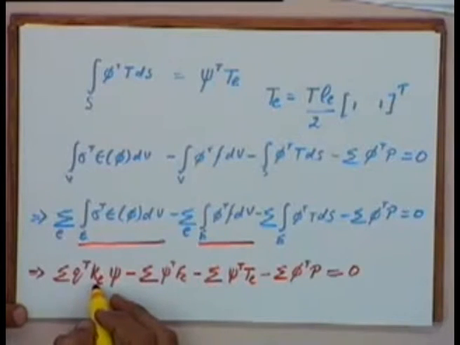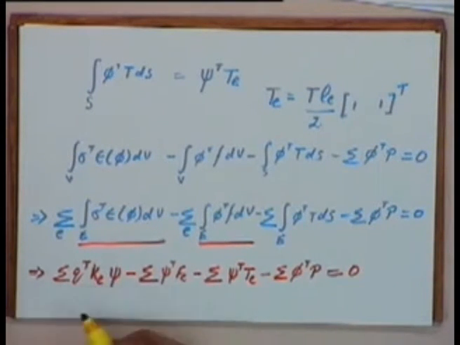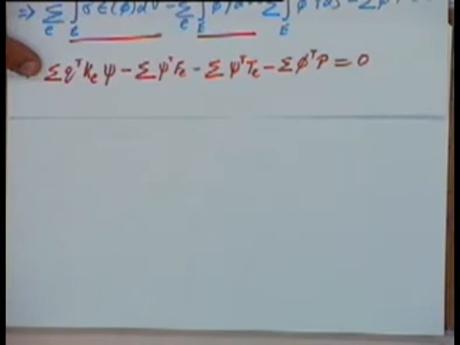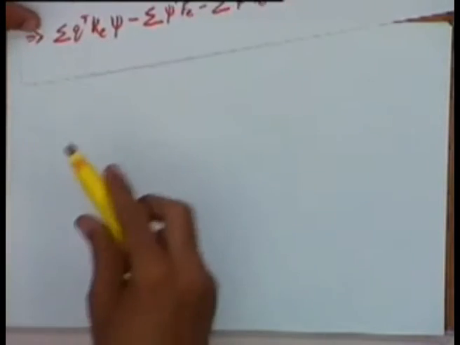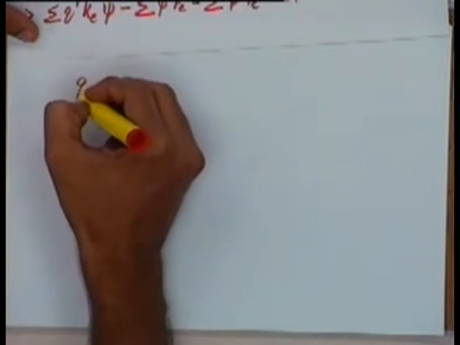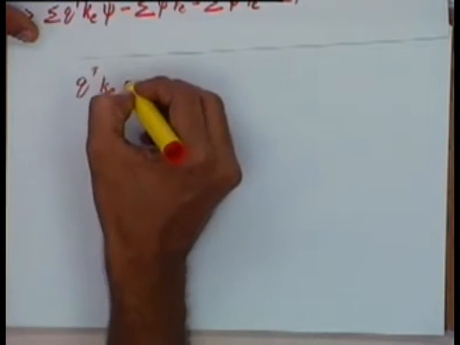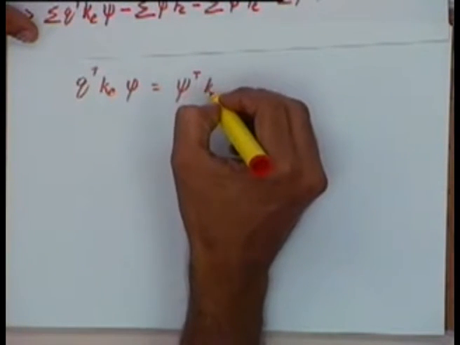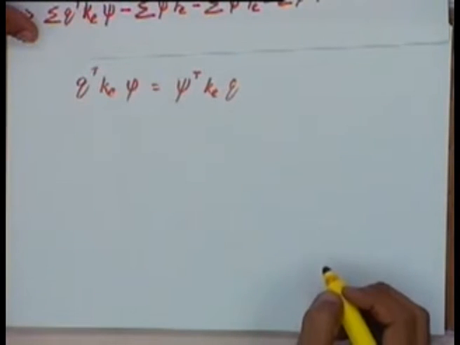Okay, and again Ke, that is the stiffness matrix, is a symmetric matrix. So just for the sake of convenience, what we will do is this term, Q transpose Ke times psi, I will write as psi transpose Ke q.